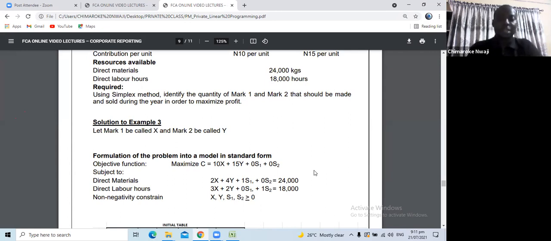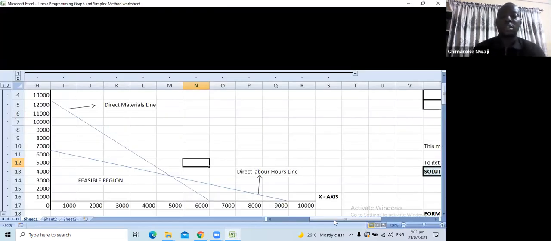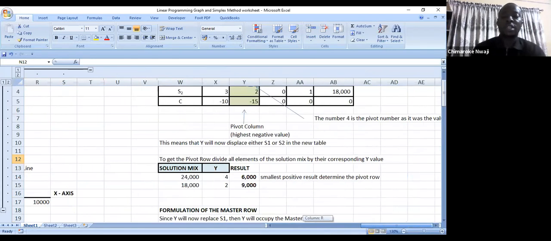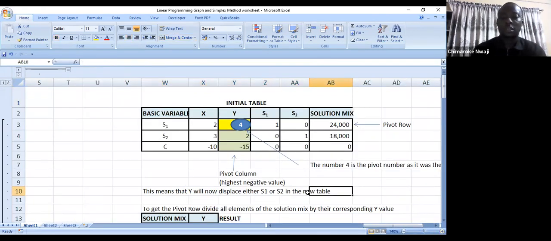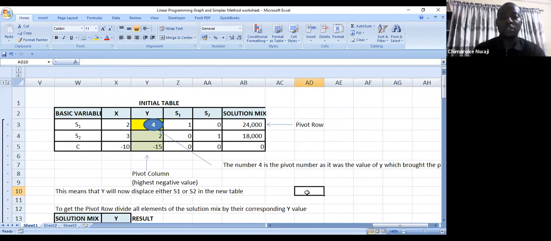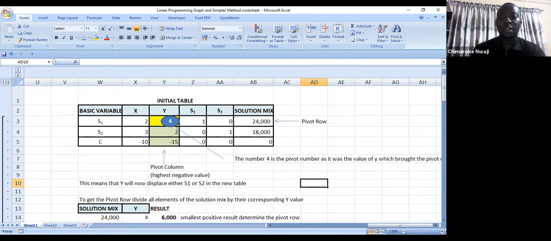All right, now let us draw our initial table. Okay, so let's go. Good. Let's go to our initial table. This is the initial table we are going to be using in this situation.